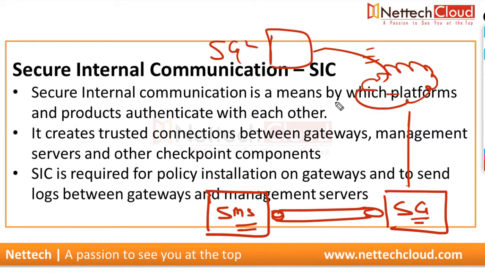So, of course, there should not be plain text communication between SMS and SG. No matter whether the gateway is at the same site or is a remote gateway or local gateway, there should always be encrypted communication between the various Check Point components, for example between SMS and SG.